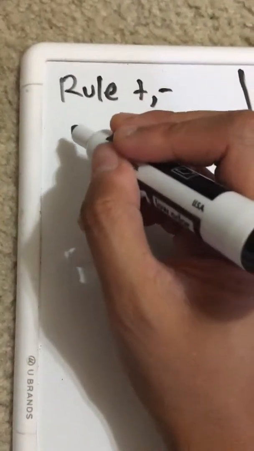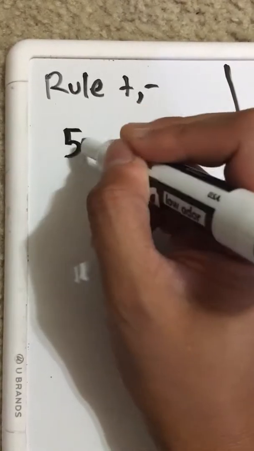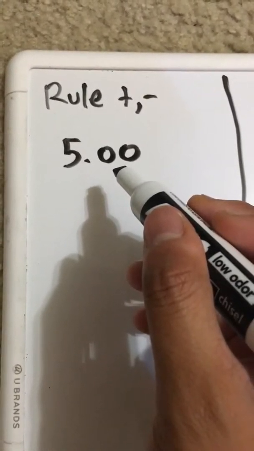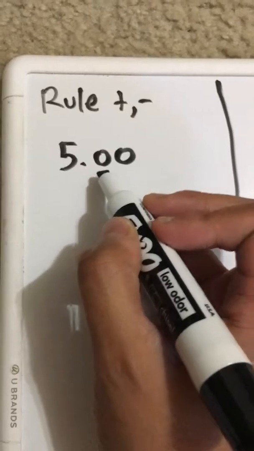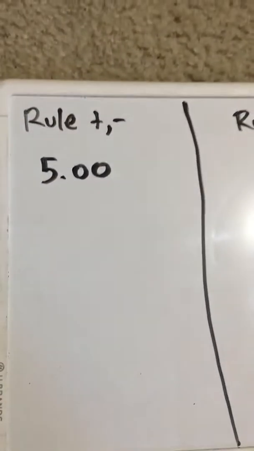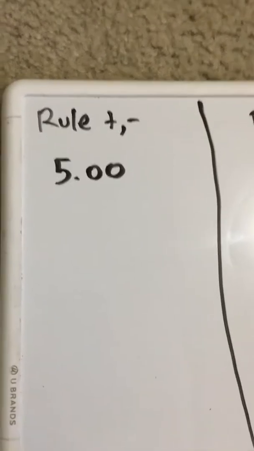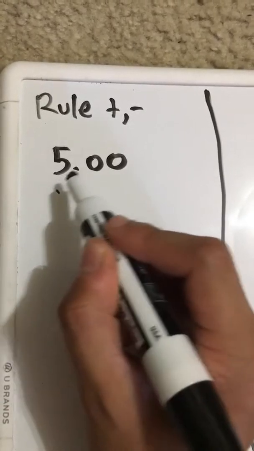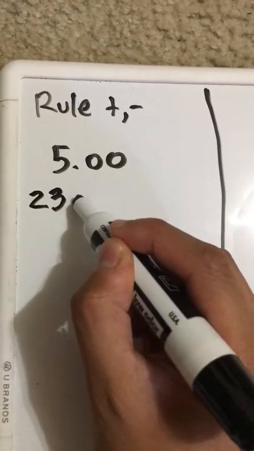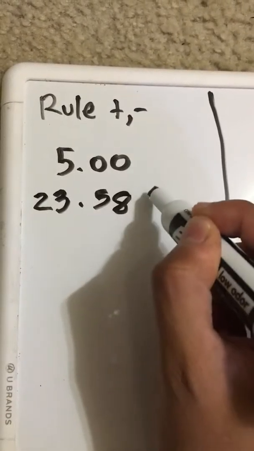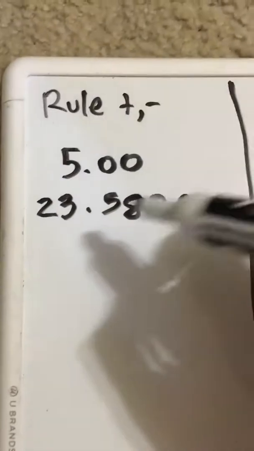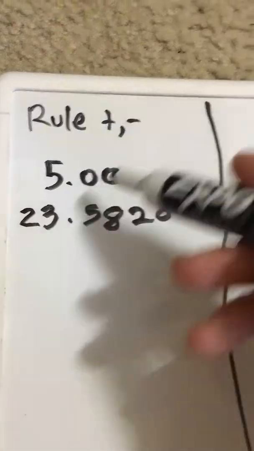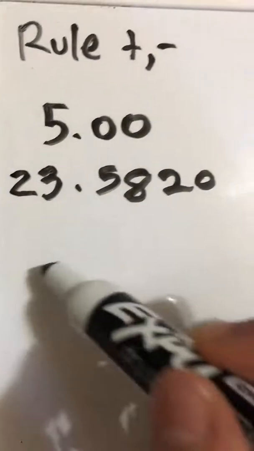So let's have an example. You might get confused. So we have 5.00. How many significant figures is that? That is 3 significant figures, because we see that the 2 zeros are on the right of a decimal point and a significant figure. Okay, so let's have another number, 23.5820. How many significant figures is that? 1, 2, 3, 4, 5, 6. That is 6 significant figures.